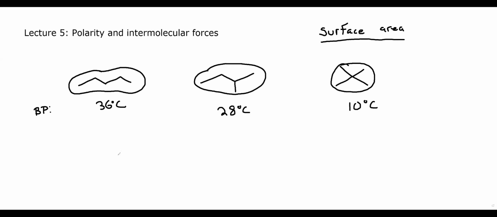Okay? So as we increase the branching, we are going to decrease the London dispersion forces, which will give us a decrease in boiling point or melting point.